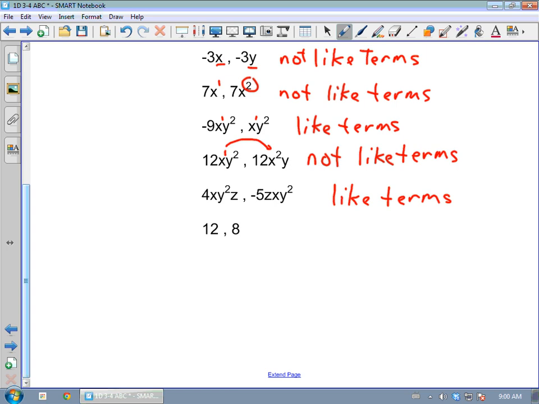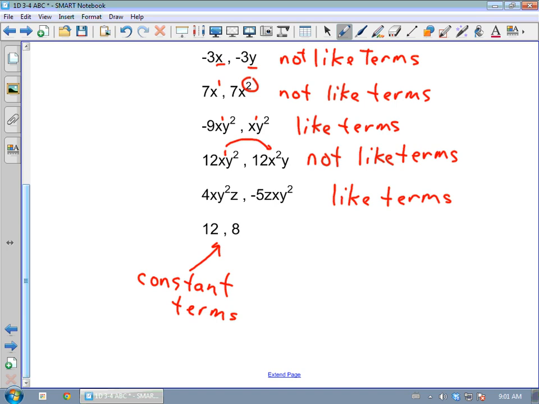What about 12 and 8 here? Do you think these are like terms? Now, first of all, what do we call 12 and 8 when we're talking about terms? What kind of terms are these? These are both constant terms. Are they like terms? What kind of a variable do you see on each of these? We don't see any variable.